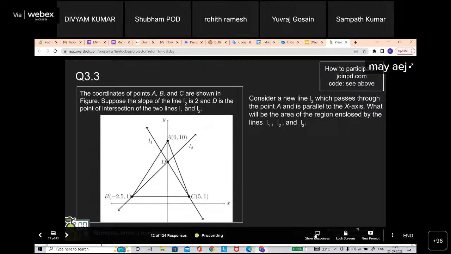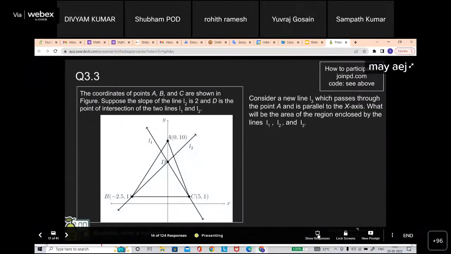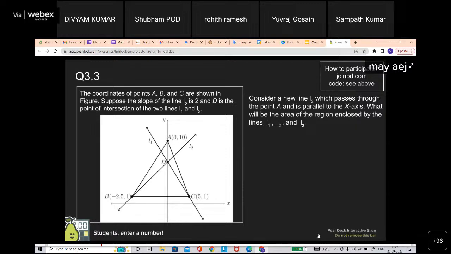What is going to be the area of that enclosed region? One minute more.